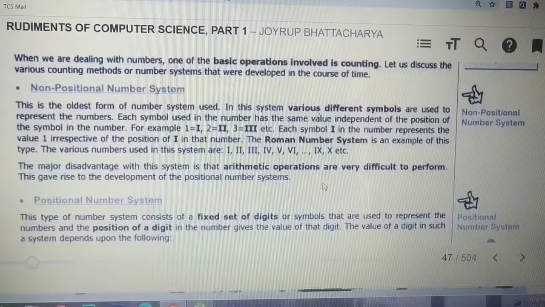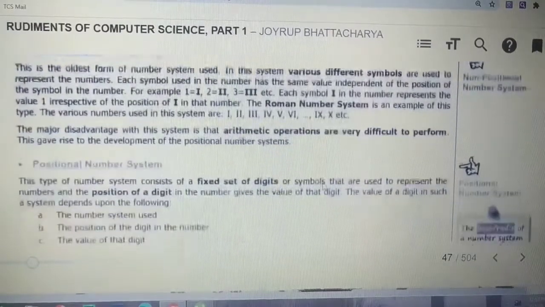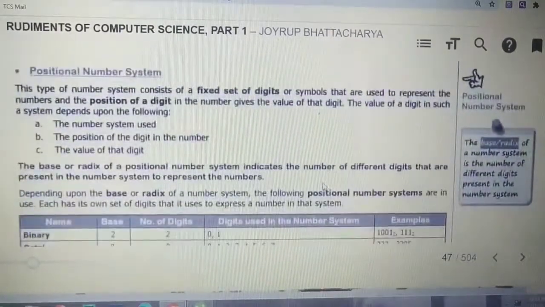What is the major disadvantage of this? The major disadvantage of this number system is that arithmetic operations are very difficult to perform. From this disadvantage we come to the next topic, the positional number system.